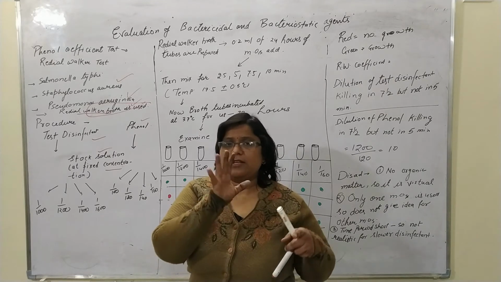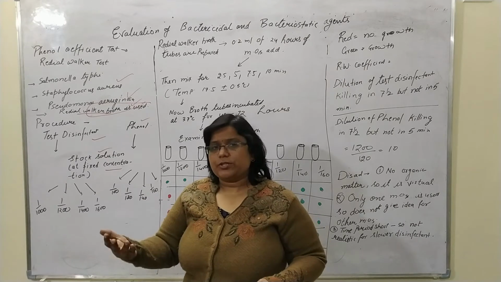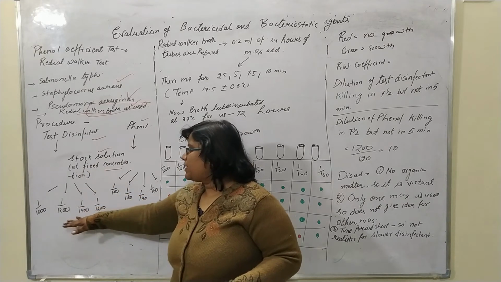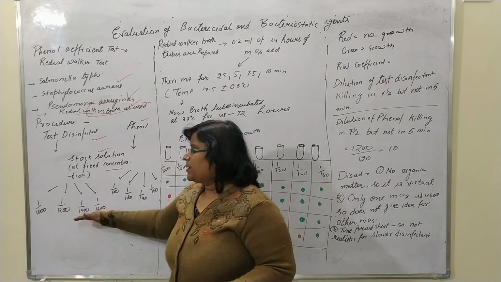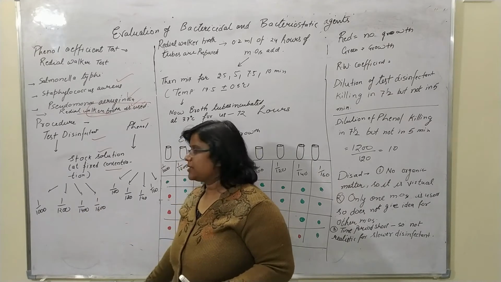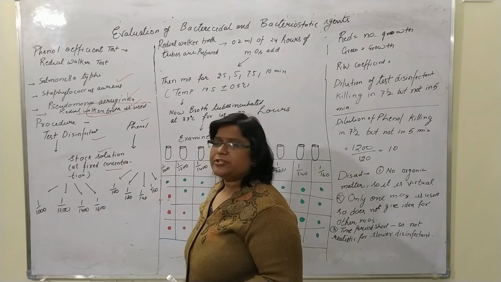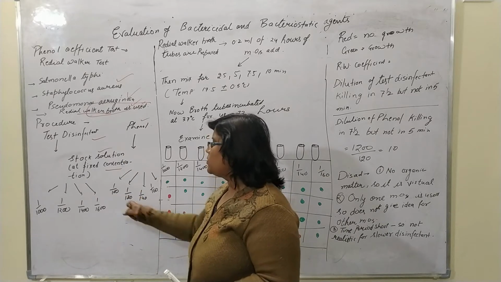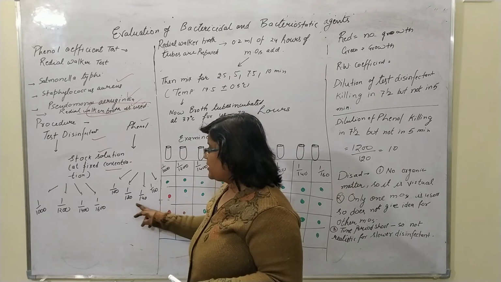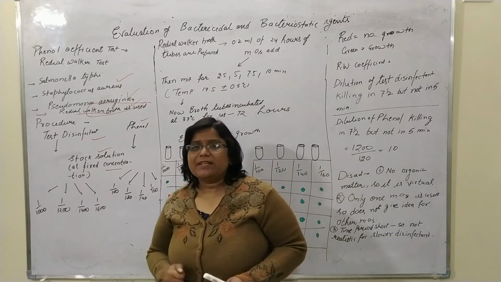With the help of that 1 liter stock we will prepare dilutions. For the test disinfectant we prepare dilutions like 1:1000, 1:1200, 1:1400, 1:1600. We do the same with the phenol, diluting the stock into different dilutions like 1:100, 1:120, 1:140 and 1:160.